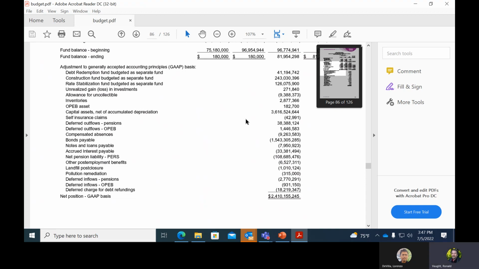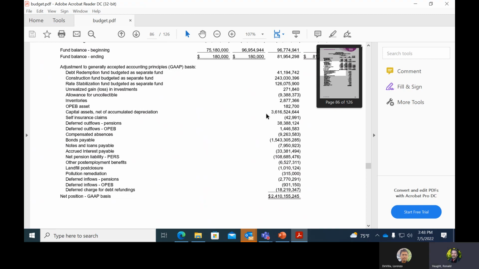Because for current financial resources modified accrual, you don't have capital assets, you don't have long-term debt, you don't have pension liabilities, you don't have environmental remediation, landfill. That whole laundry list of differences. So it becomes a lot more challenging to come up with the reconciliation, but it's critical to do.